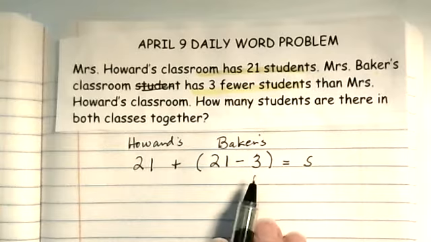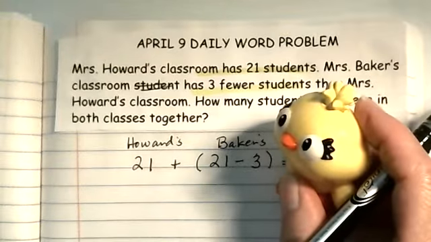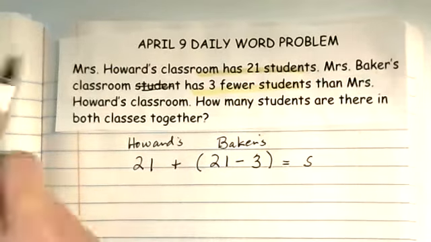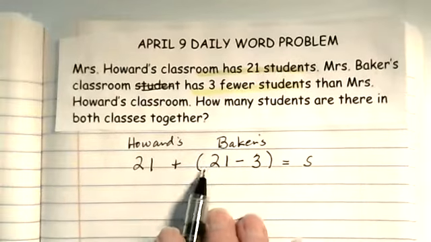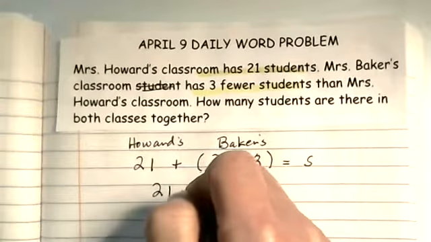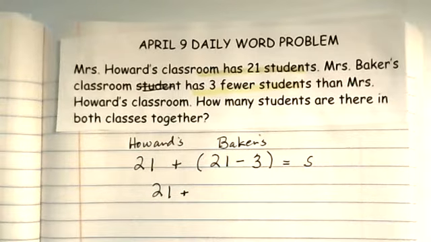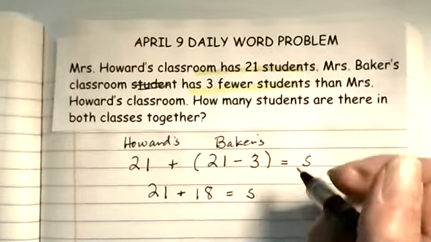And this is where a lot of times we forget to do that. Guys, don't forget. Pay attention. Okay. So what we have to do is 21 plus 21 minus 3 is what? 21 take away 3 is 18 equals the students.